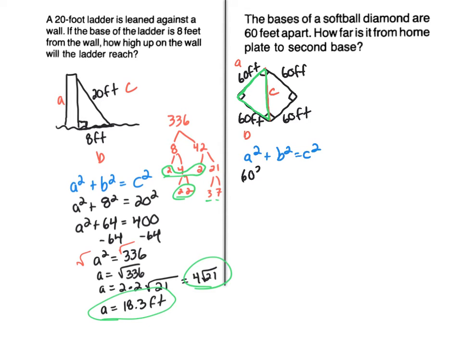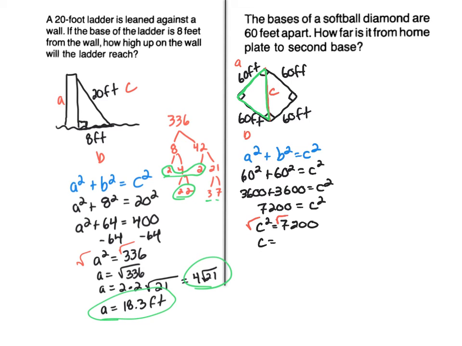So I have 60 squared plus 60 squared is equal to C squared, or 3,600 plus 3,600 equals C squared. Add them together, we get 7,200 equals C squared. I'm going to flip that equation over, so C squared is equal to 7,200. To get rid of the squared, I'm going to take the square root.